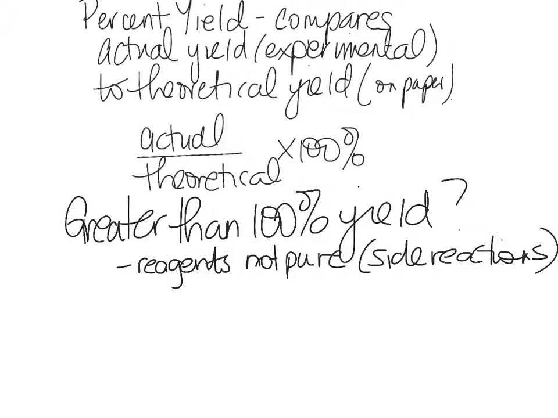You've got to dry your product, right? You've got to dry your products in order to mass it. So why might it still be over 100%? How can you tell if something's completely dry or not, though, right?